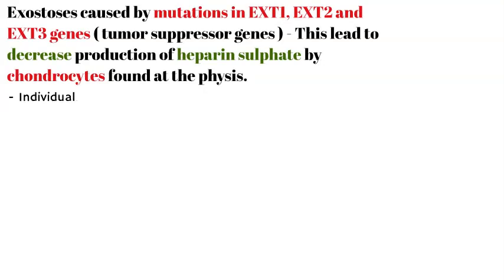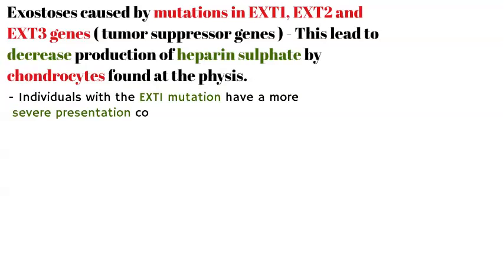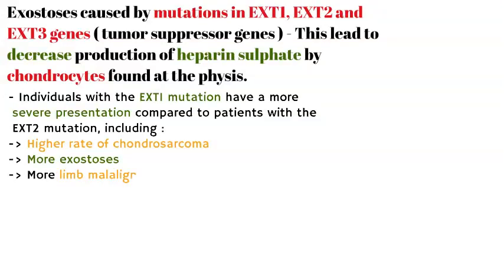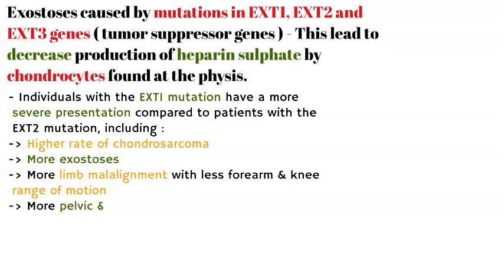Individuals with the EXT1 mutation have a more severe presentation compared to patients with the EXT2 mutation, including a higher rate of chondrosarcoma, more exostosis, more limb malalignment with less forearm and knee range of motion, and more pelvic and flat bone involvement.